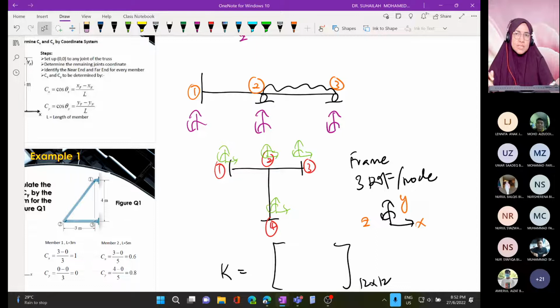However, by using the stiffness matrix method, using the procedure, start from procedure number 1, establish element stiffness matrices for the members, combine to have the structure stiffness matrix, and then we apply the force displacement principle.